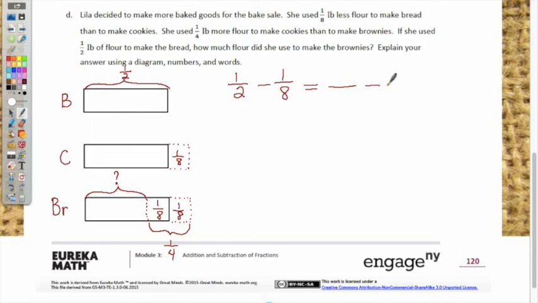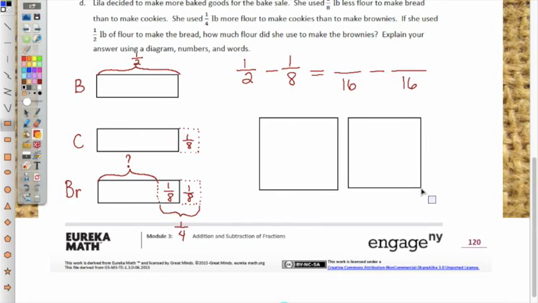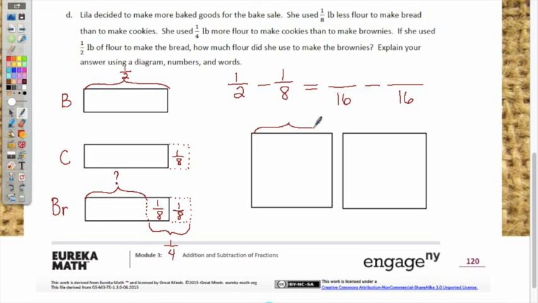What's your common denominator for that? 16. Okay, so 2 boxes again. Remember, shade before you draw all the lines.